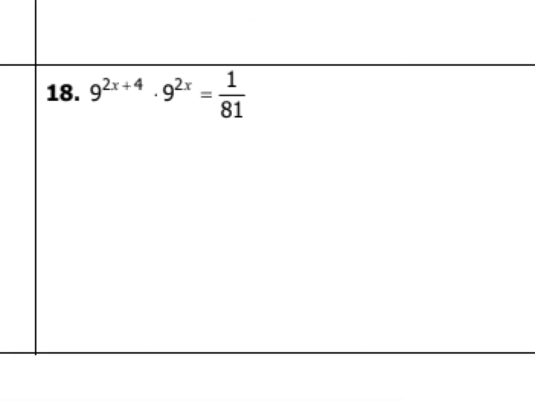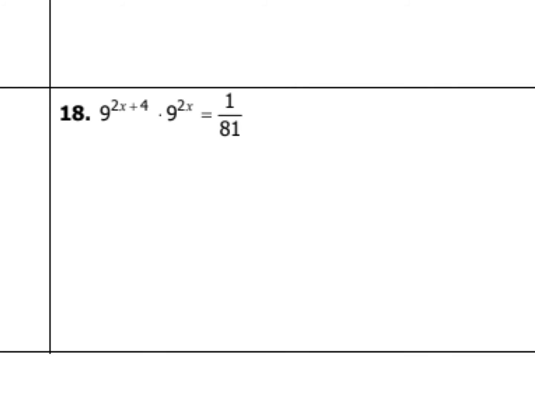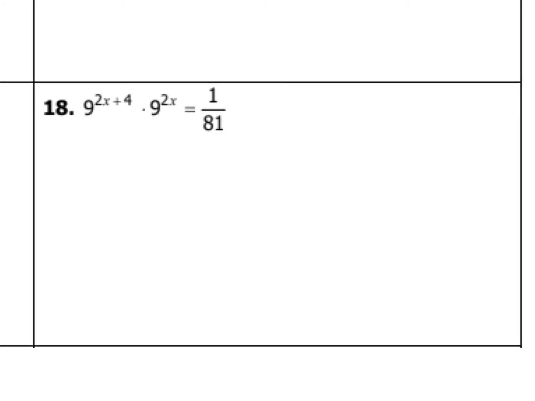Number 18. This one's kind of a challenge one. This is kind of throwing together a couple different concepts, so give this one a go. So on the left side, we're multiplying two of the same base together, which means to do what with the exponents? Add them. So that's the same thing as 9 to the 4x plus 4. Good. Equals 1 over 81.